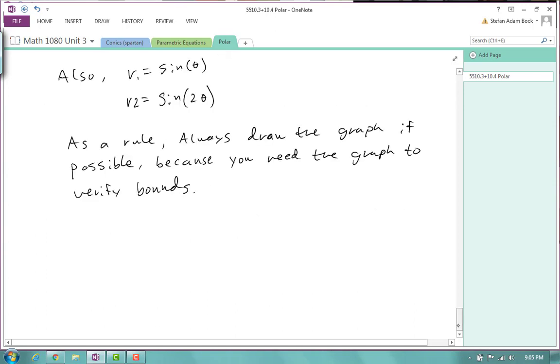So, as an interesting problem, you should attempt to take the area of a limaçon. You can either use the one I provided up above, or you can look at problem number 21 in the book. It's in section 10.4, which is actually the same function.